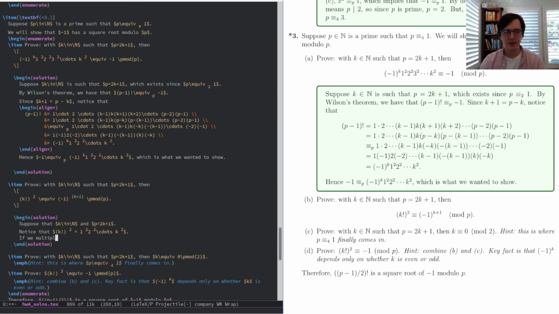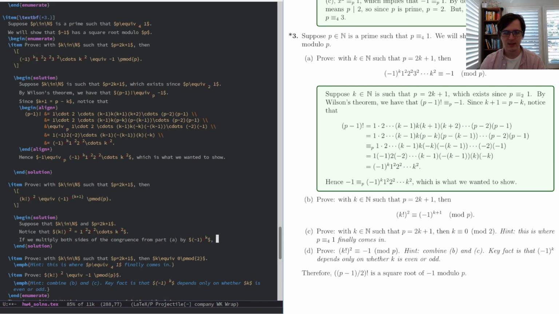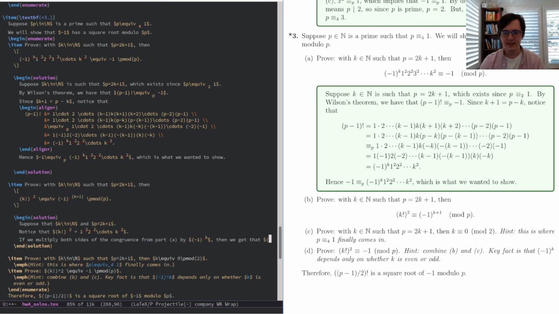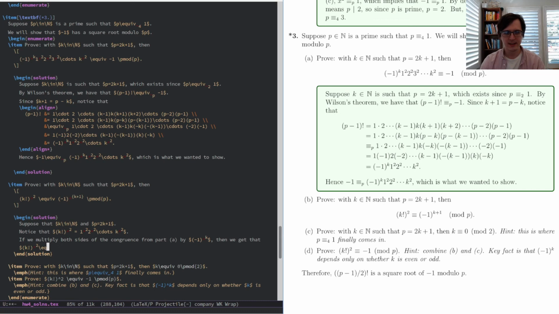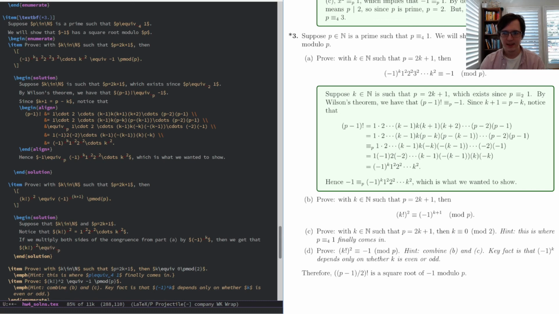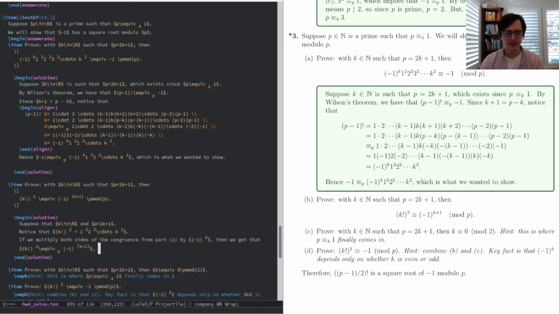If we multiply both sides of the congruence from part A by minus 1 to the k, then we get that k factorial squared is congruent mod p to minus 1 to the k plus 1, which is what we wanted to show.